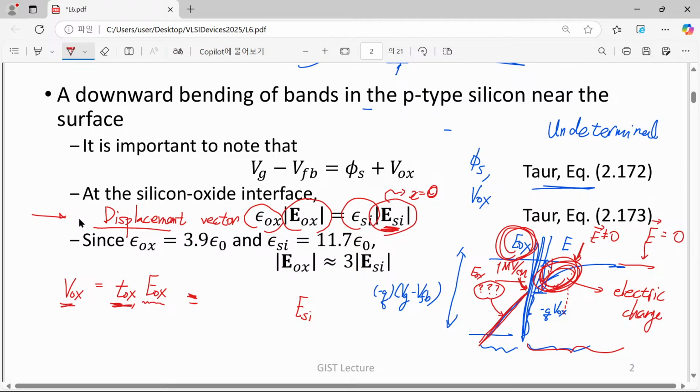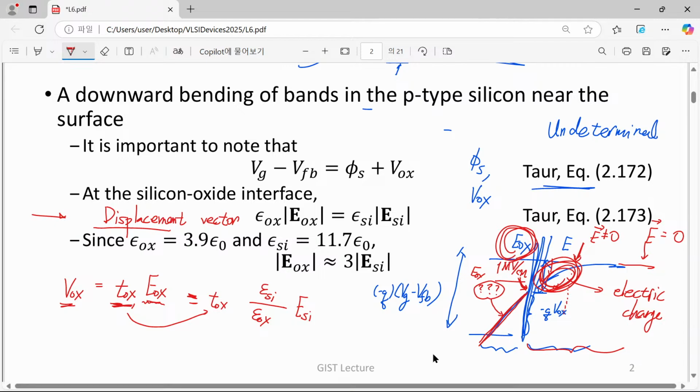How can you convert the oxide electric field into the silicon electric field? It is quite easy. Tox is just given here, and this is given by something like silicon over oxide permittivity. So are you with me? Because I just applied equation 2.173 directly, so now you can have this expression.